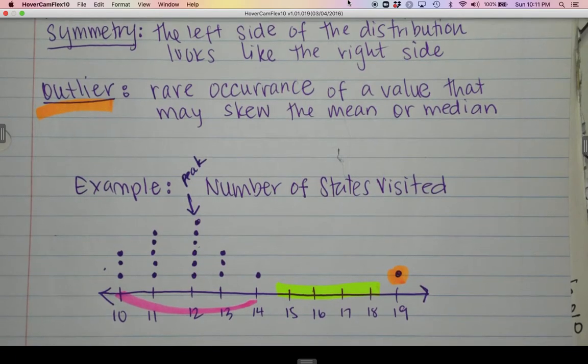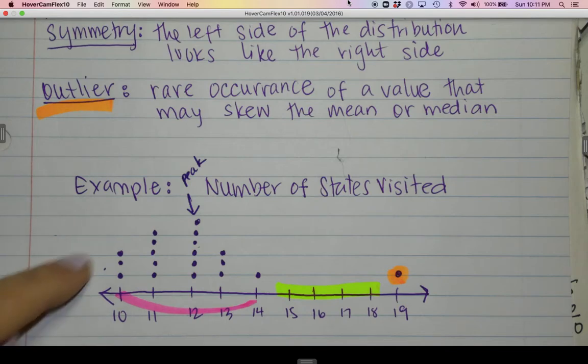Look how far away 19 is from my cluster. It's way out there. And what that means is that when I am finding the mean, my mean is going to be larger because I have that 19 that's way out there. That 19 makes my number go higher when I add them all up in order to find the mean.